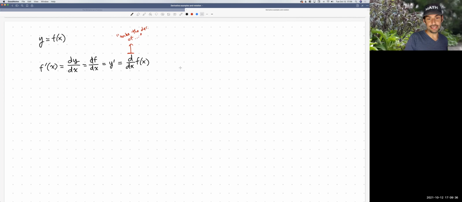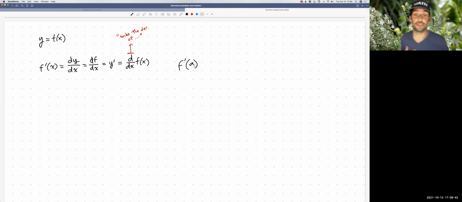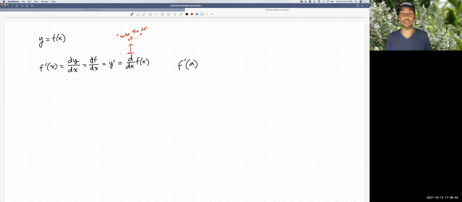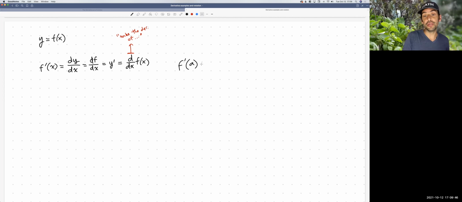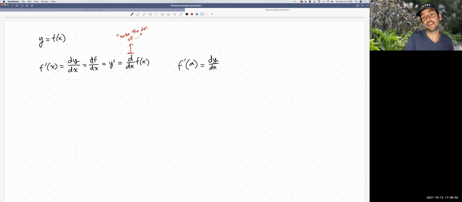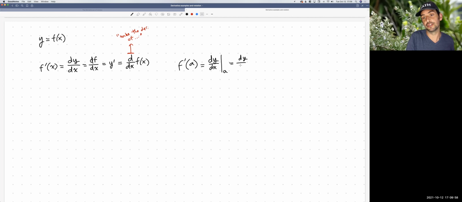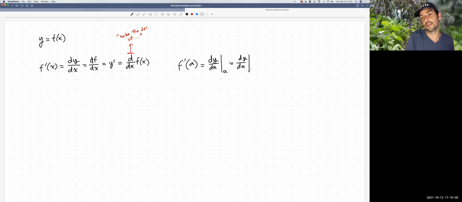We can also relate some of these to when we talk about the derivative at a point. So here I'm not thinking of a as a variable, I'm thinking of a as a constant, some particular number. We can also represent this as dy dx, and then we draw this vertical line and we write the number where we're evaluating it, or sometimes to be even clearer, people might write x equals a, right?